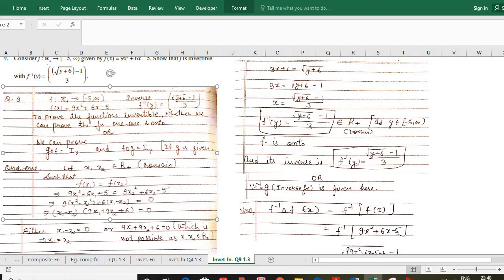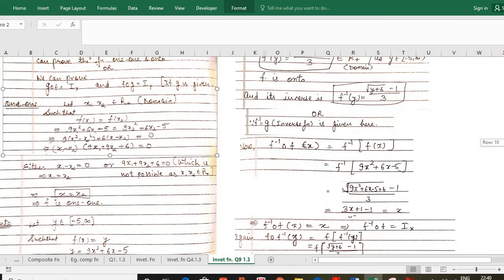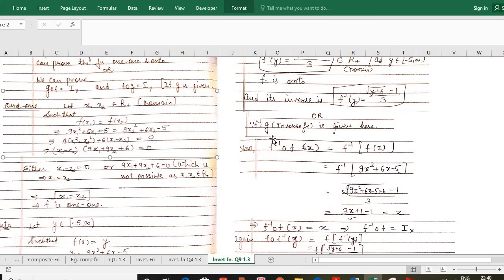So let me check what f inverse is. If I substitute f inverse as g, so g is the inverse according to the definition. When I substitute this value, f inverse of f of x, after solving you can see I will get x. It means this function is working as the identity function.